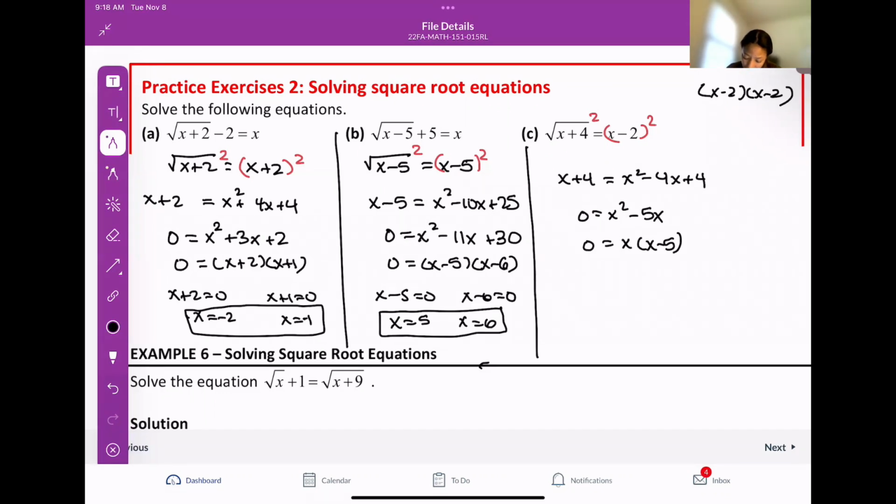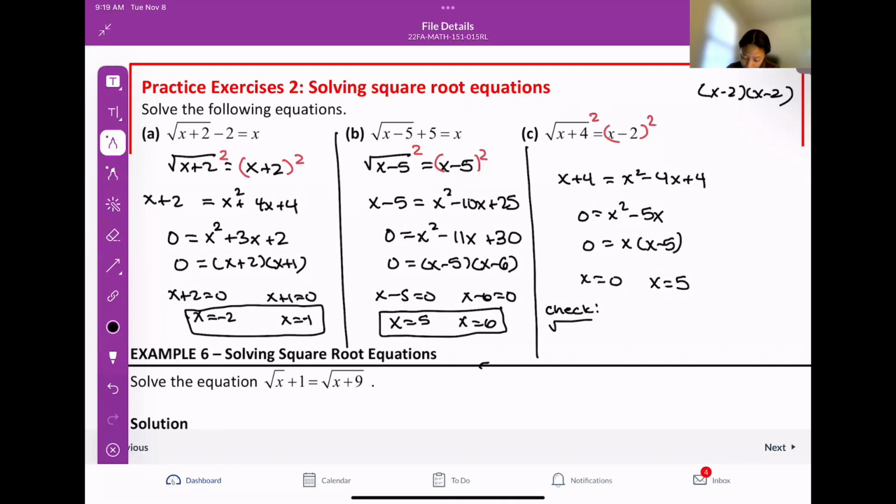Okay, and then we have x equals 0 and x equals 5 as our solutions. All right, do both of these work? Now, this is the part where I don't think both of them work. For the check, when we plug in 0, that's where we get a problem.